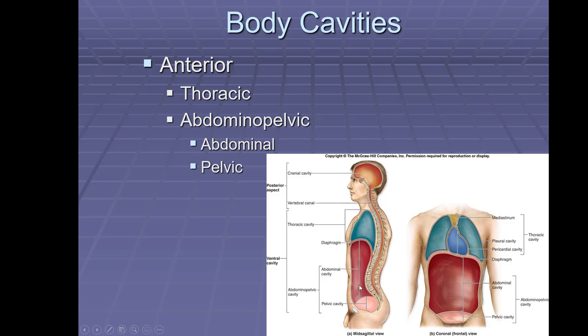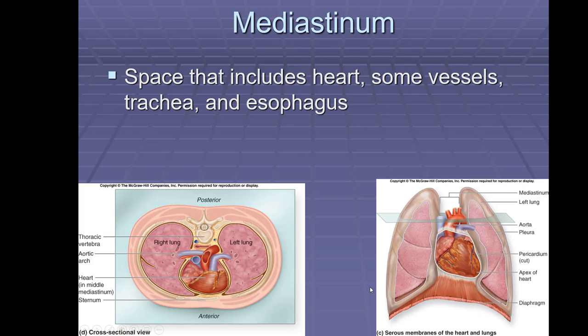So abdominopelvic, abdominal, pelvic, thoracic. So all that fits into the anterior body cavity. And you can see from this picture why this is anterior and why this is posterior, because this is in the back.